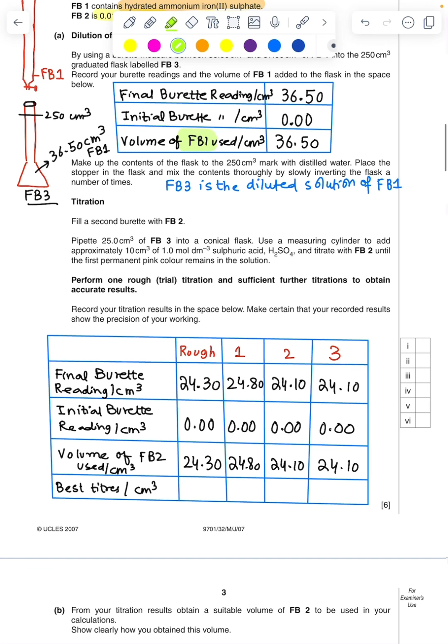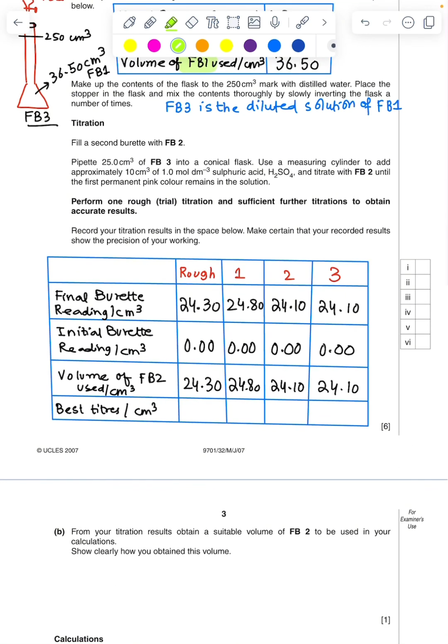And moving ahead, we are told to do the titration. So the examiner has told that fill a second burette with FB2, and all the method is already given to us. So after doing the titrations, I have taken some assumed values, and this time you can see that we are not given the table to draw the rough titration table. So I have to do it right in the similar space, and for that purpose I have added this separate column here which is related to rough titration followed by the repeated titrations, right?